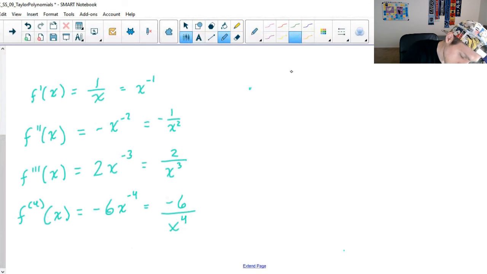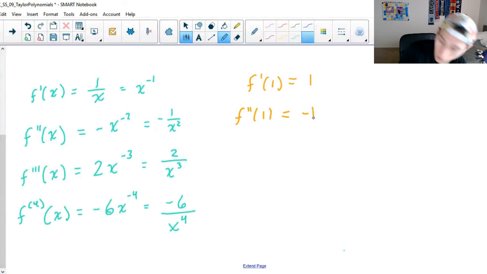I'll use a different color. Okay, 1 over 1 is 1. Great. 1 over 1 squared is 1, so negative 1. The third derivative, so 2 over 1 cubed is 2.